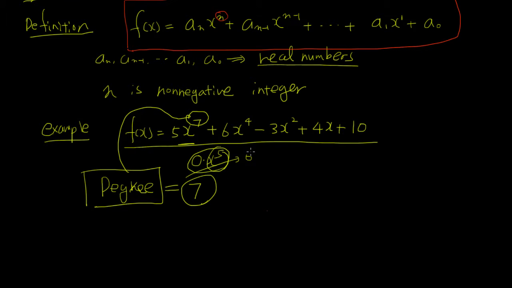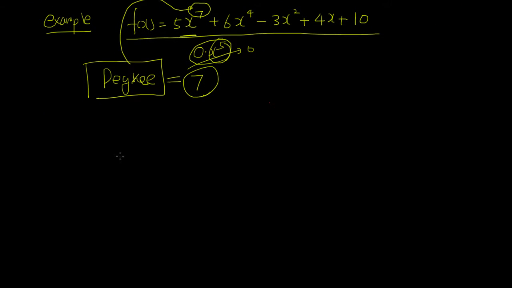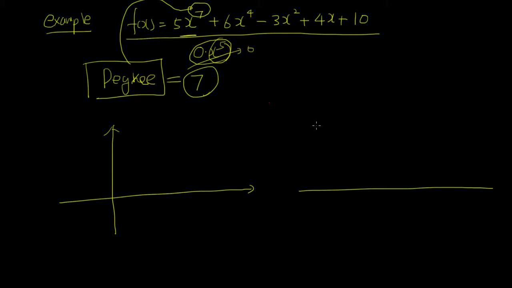All right, so we talked about this before. Why are they making such a big deal out of whether it's polynomial or non-polynomial? Because let's say we have these two different settings. This is polynomial. Let's say this is non-polynomial.